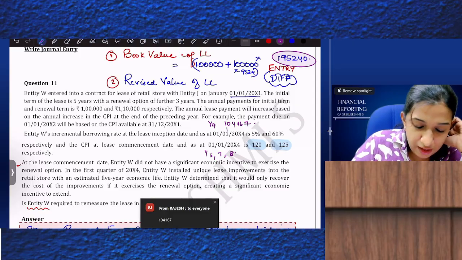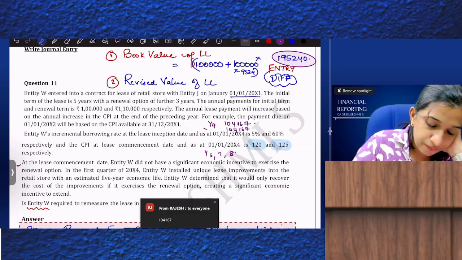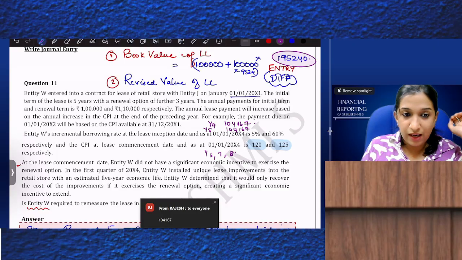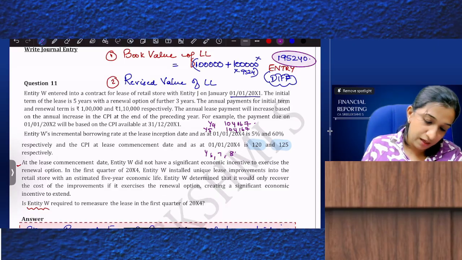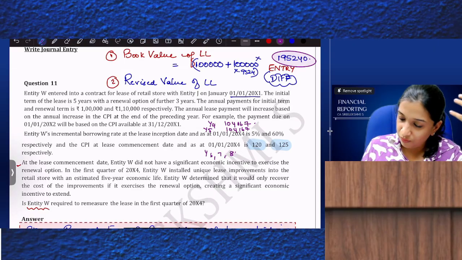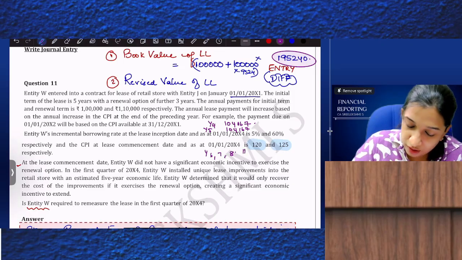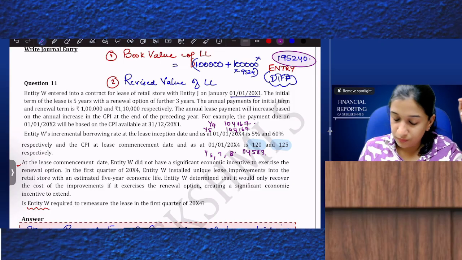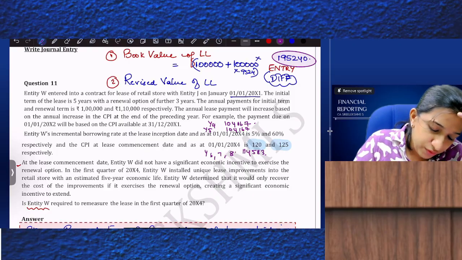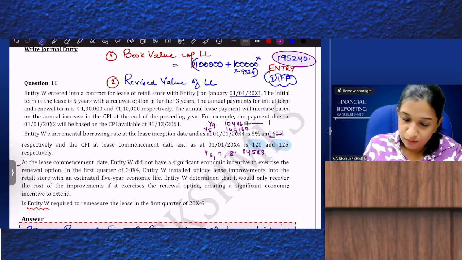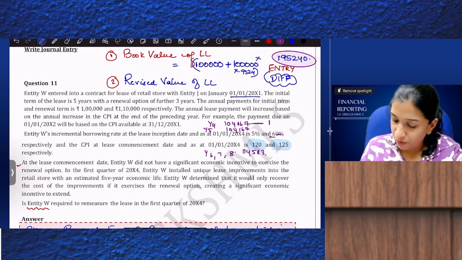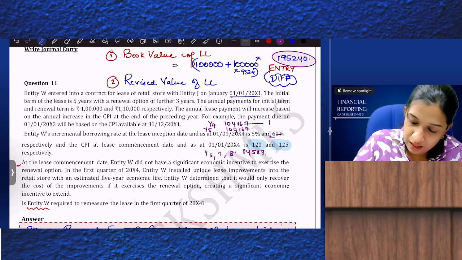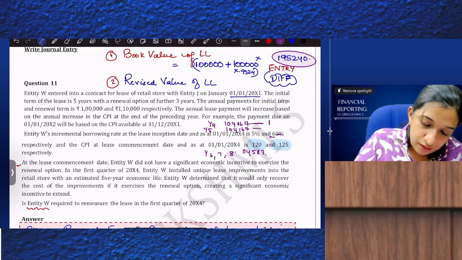Year 5 also 1 lakh 4,167. And year 6, 7, 8, 1 lakh 10,000 divided by 120 into 125, 1 lakh 14,583. Discount using 6%. So year 4 it is 1 divided by 1.06, 0.9434.